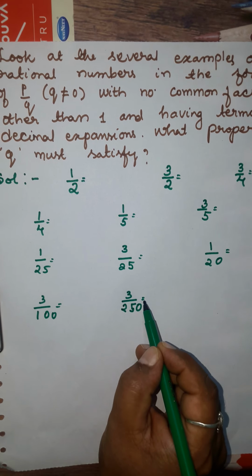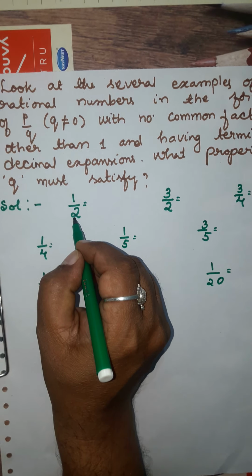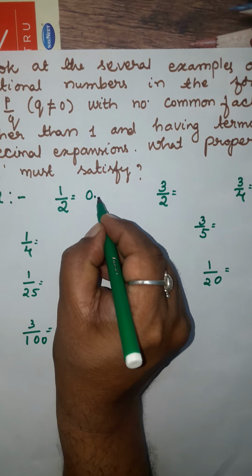terminating decimals. When I divide 1 by 2, I'll get the answer 0.5.